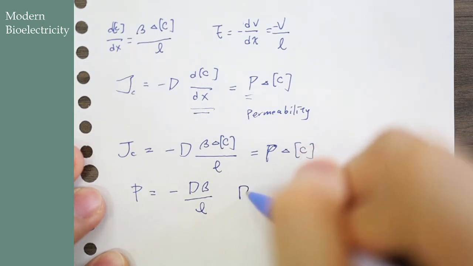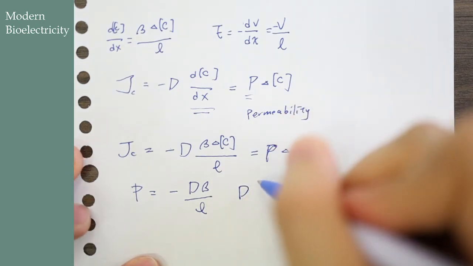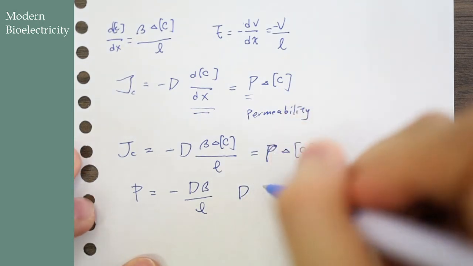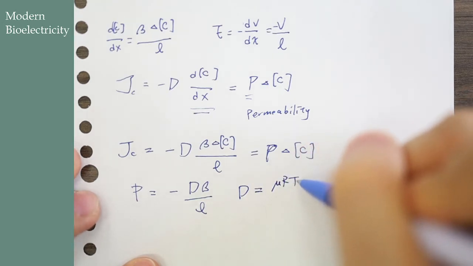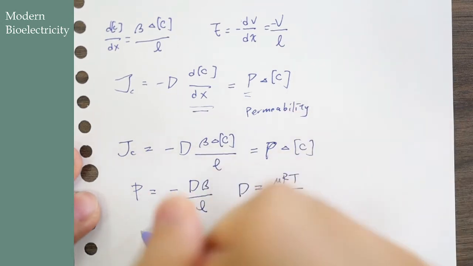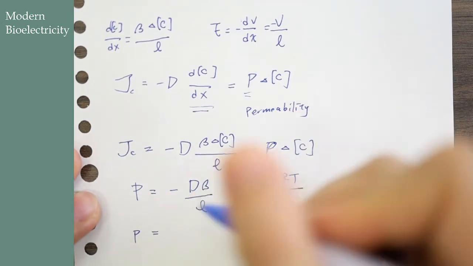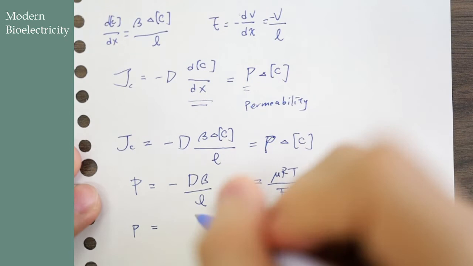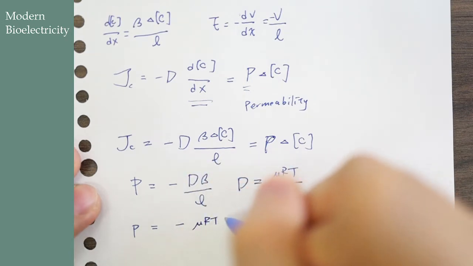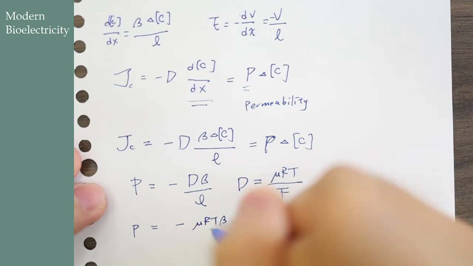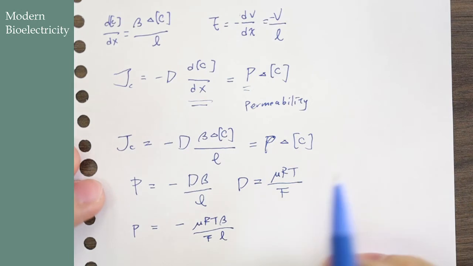And from Einstein's relation, the diffusion coefficient with the mobility is equal to mu RT divided by F. So the permeability is equal to minus mu RT beta divided by FL.